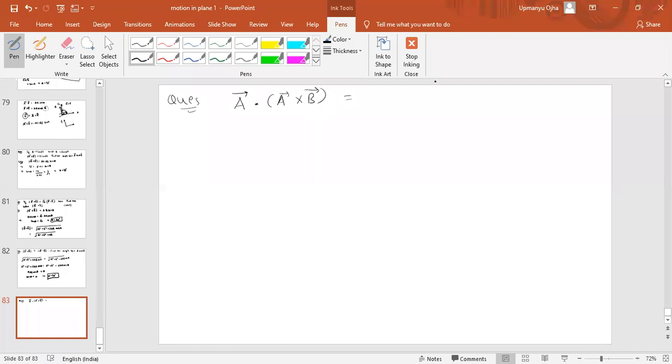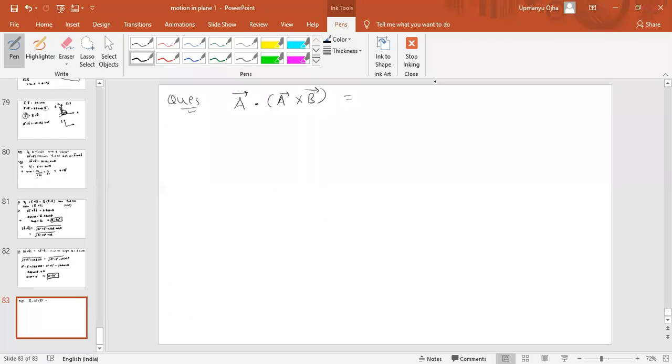What is the answer for this problem? A vector dot a cross b. Tell what is the answer for this problem?